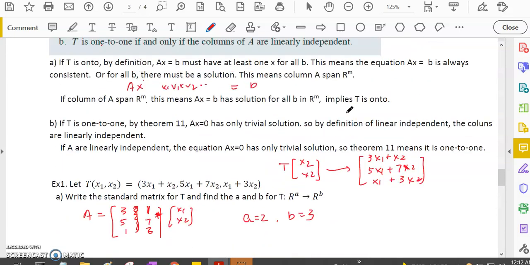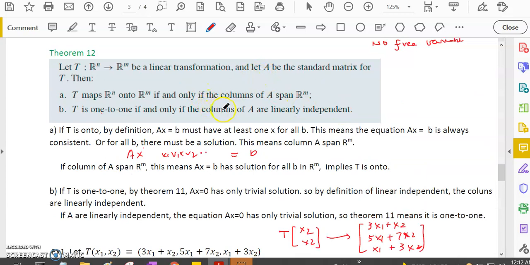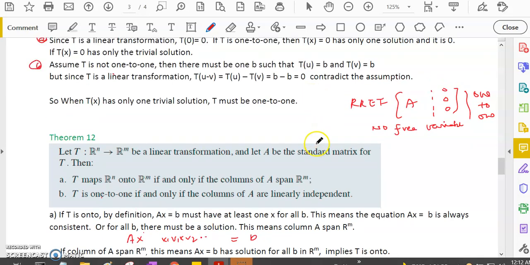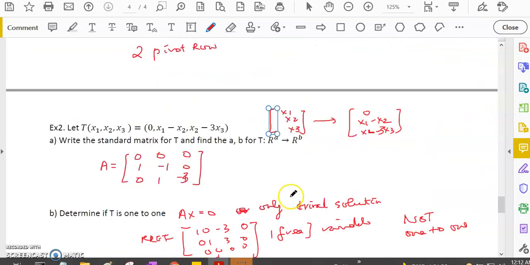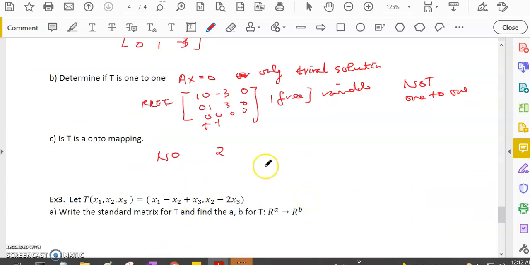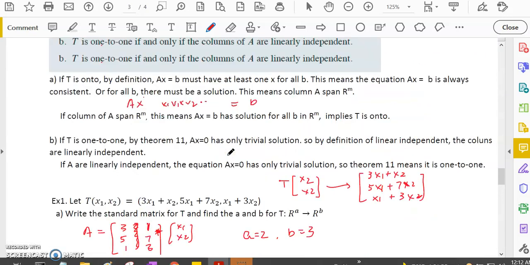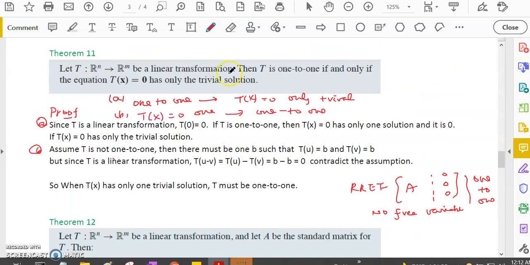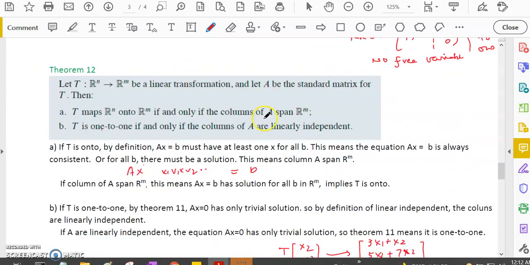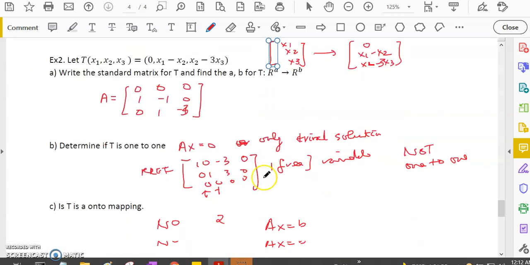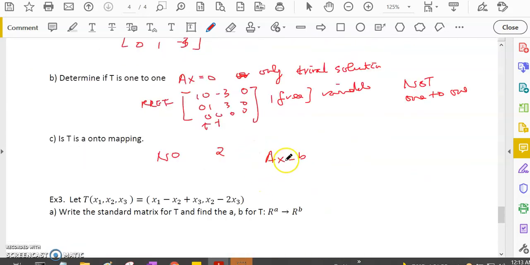Look at 1 to 1 and onto: onto is if A spans Rm. Does it span it? That means, can I have Ax equal to B has a solution? Onto means A has to span R3.